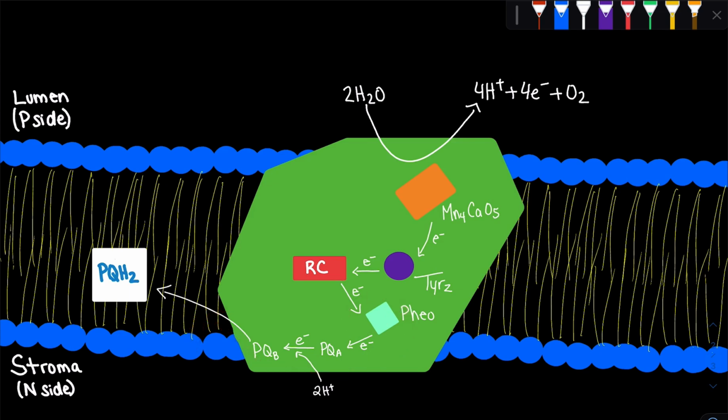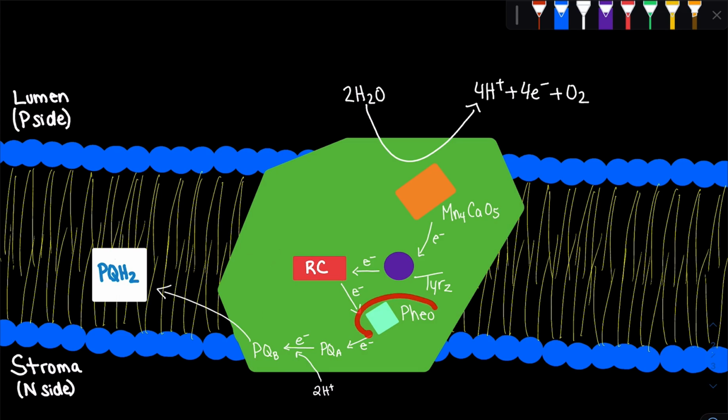And that's essentially what happens at photosystem 2. It all starts with an exciton exciting one of these electrons on a pigment molecule such as chlorophyll or another pigment molecule. And that energy is transferred until it reaches the reaction center. The electron in the reaction center gets excited.